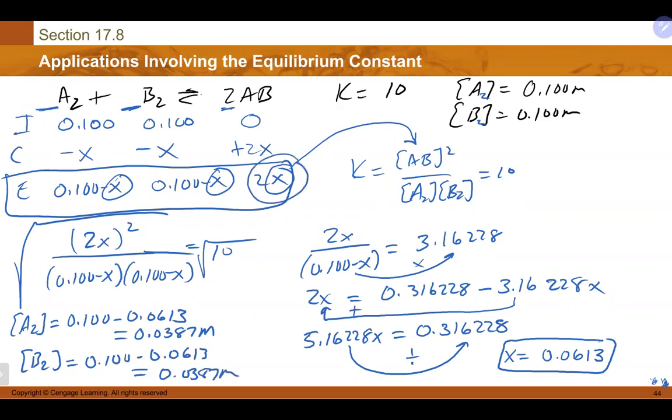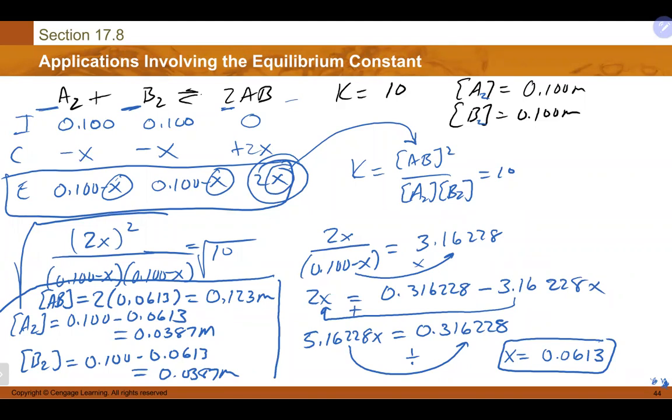And here, though, our AB will be 2x, which would be 2 times 0.0613. And that's going to give us 0.123, we'll call it, molar in this case. So that will once again give us our equilibrium. Stick it back into the expression, and you should get about 10.03, I think. Can we put it back in? Any questions on any of that there, or how to do these here?